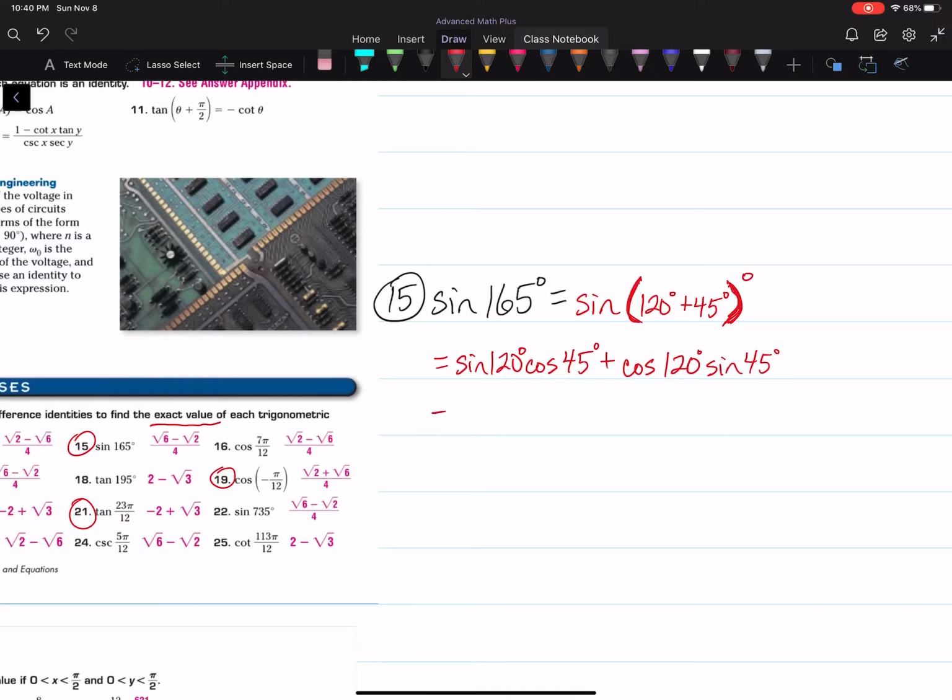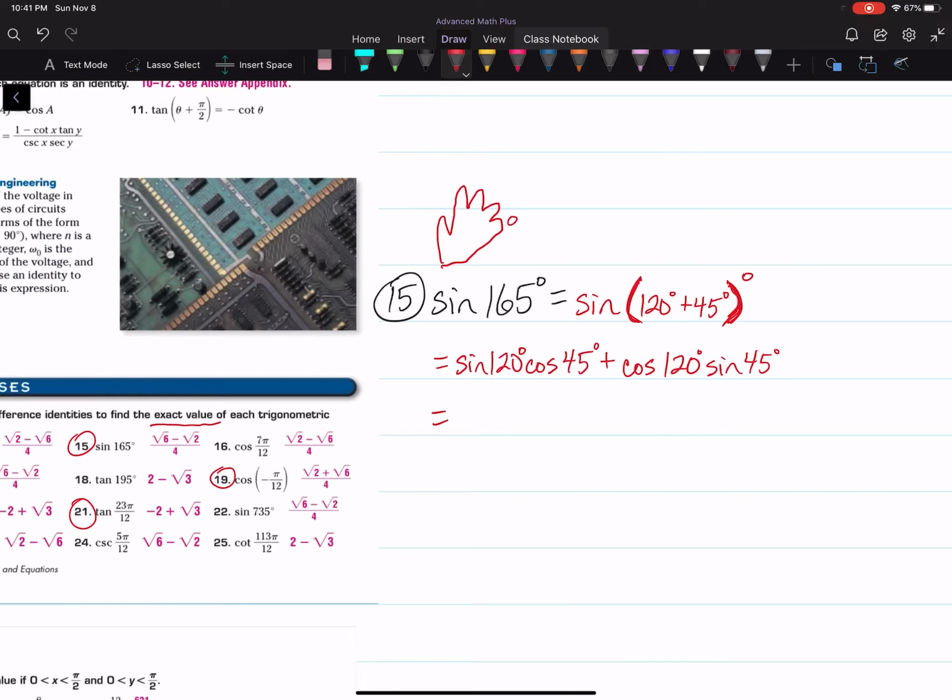If you look at your chart, or you can also do it by hand, it's not that bad. For instance, sine of 120, you have to think about what is its reference angle. Its reference angle would be 60, so you're doing sine of 60. If you're doing the hand trick, you got your thumb, and then 1, 2, 3, and then your pinky. That's a really bad hand, but you see what I'm doing.